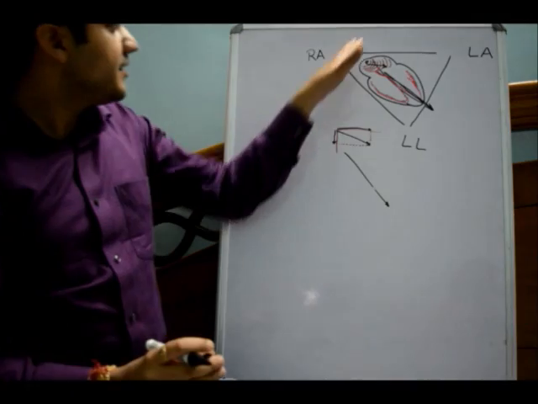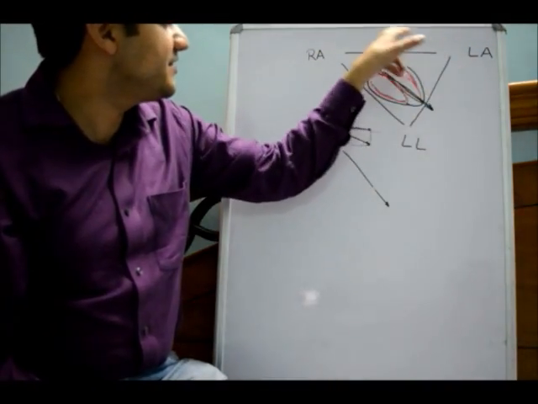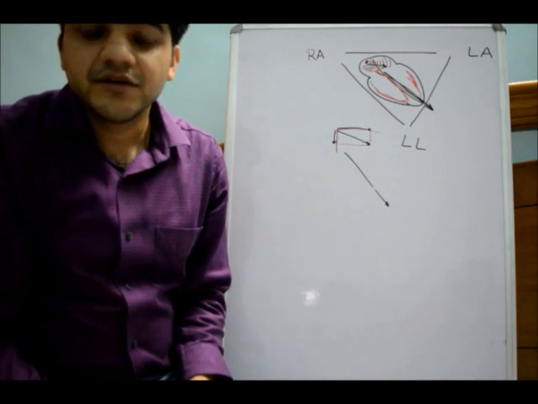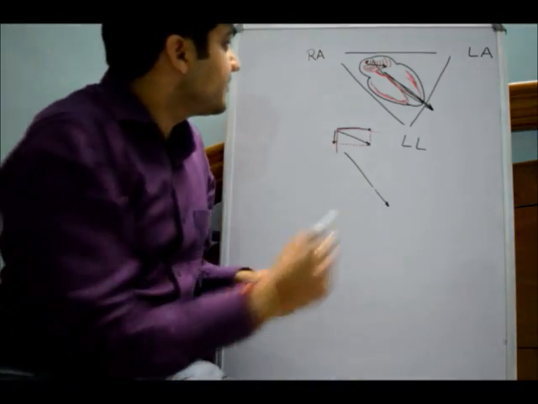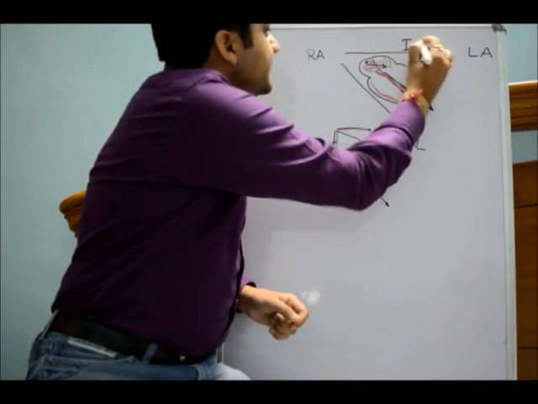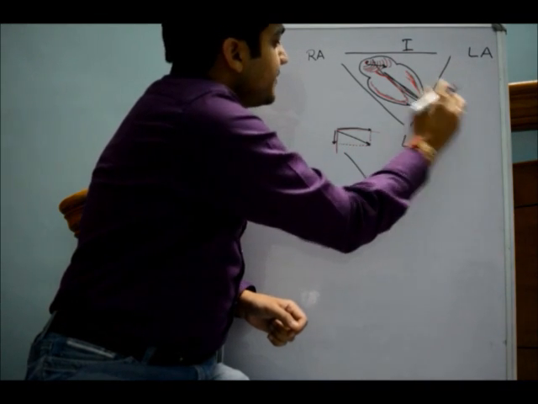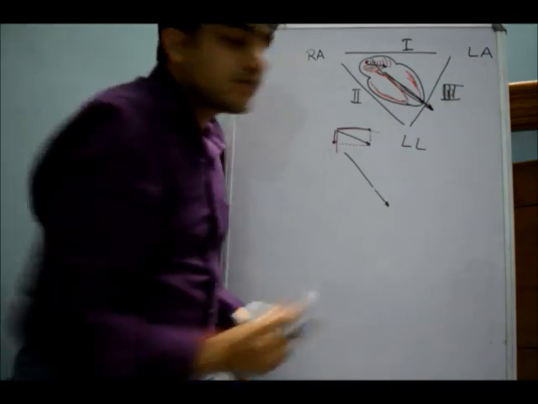Okay, and these three sides of the equilateral triangle are the three bipolar limb leads. So this is lead 1, this is lead 2, and this is lead 3.